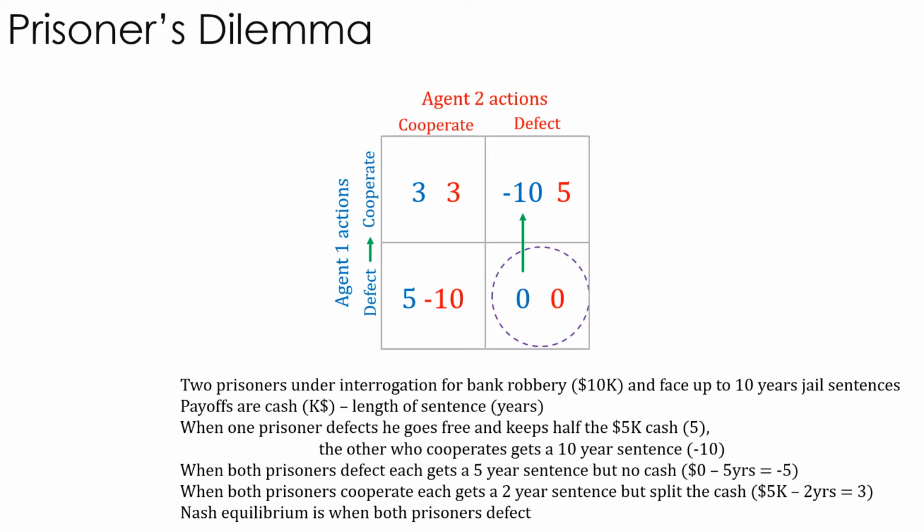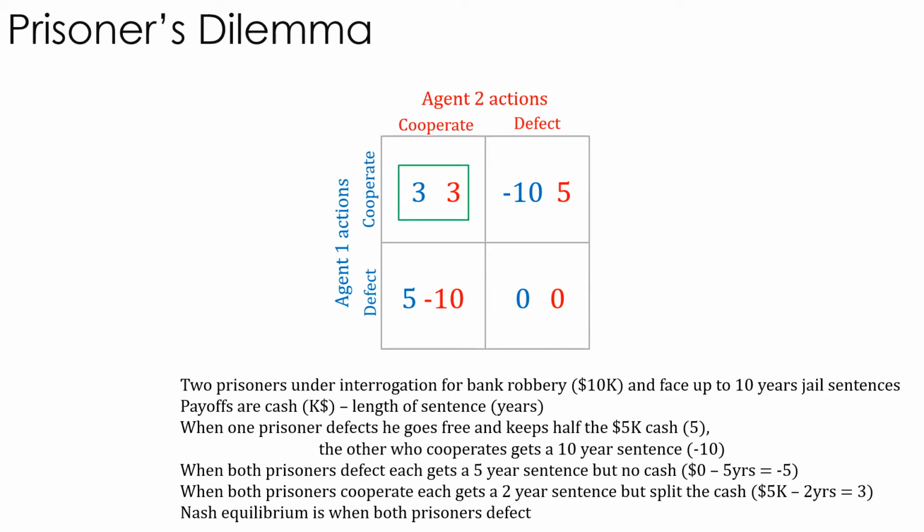And it's the same situation with agent 2. Hence, neither agent has any incentive to unilaterally deviate from the Nash equilibrium. This game has a unique Nash equilibrium where both agents pick the same action, defect.